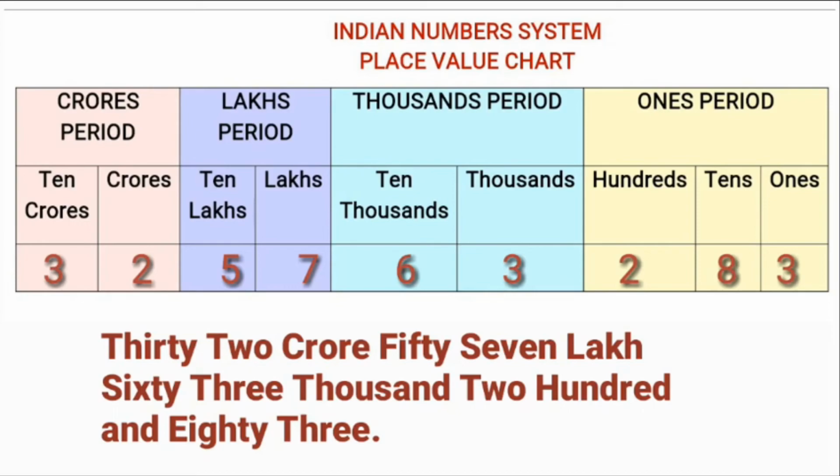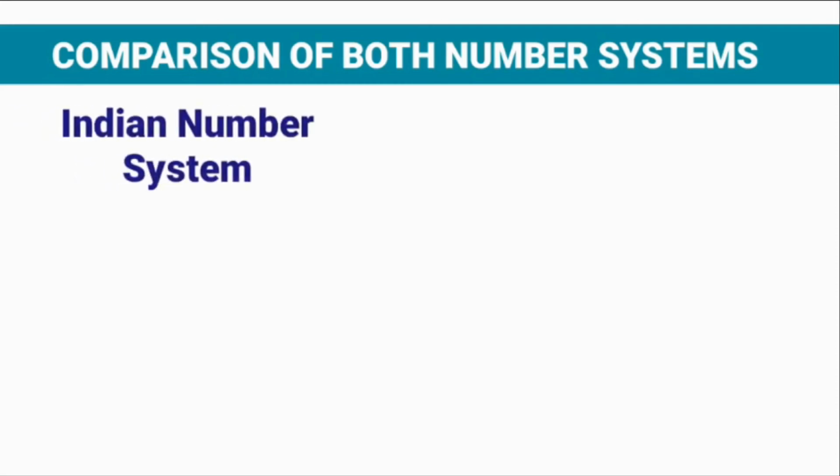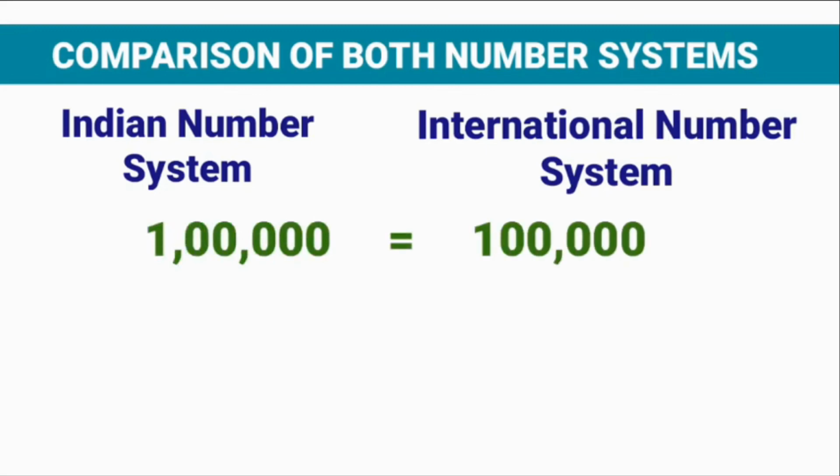Now we will learn how to differentiate, how to compare both the number systems. So on the left hand side we have Indian number system, and on the right side we have international number system. So 1 lakh in Indian number system will be 100,000 in international number system.